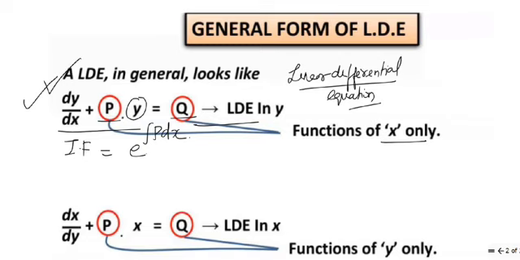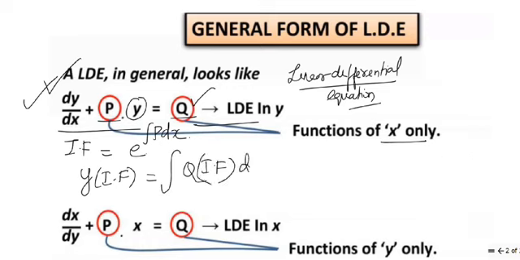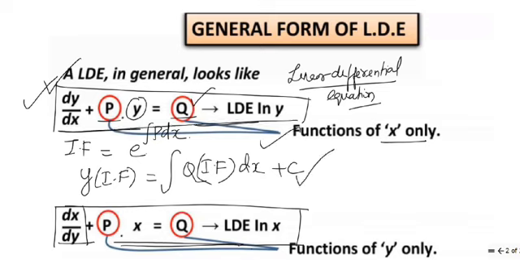Then the solution becomes y times the integrating factor equal to the integral of q times the integrating factor on the right hand side, and then finally we'll get our required answer. If it appears in the pattern dx over dy, we would try it in a different way. As of now, our question matches this pattern, so these are the steps to be followed.